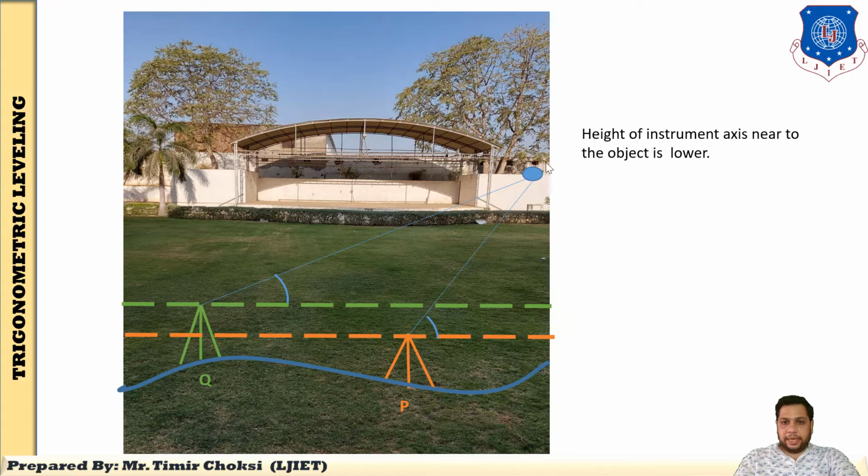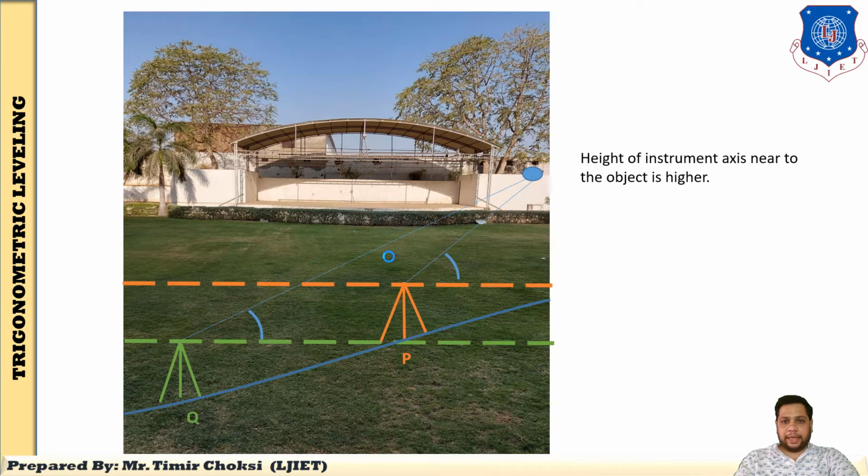P is near to the object, but the axis of P is on the lower side compared to Q. So the height of instrument axis near to the object is lower and Q is higher. This is case A.